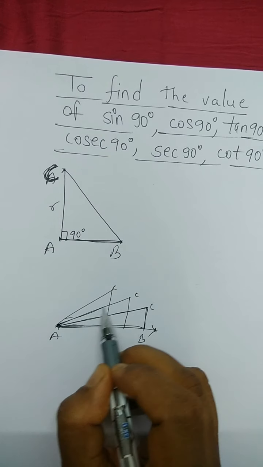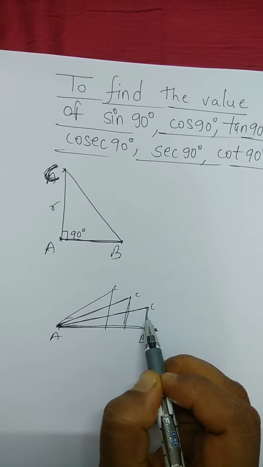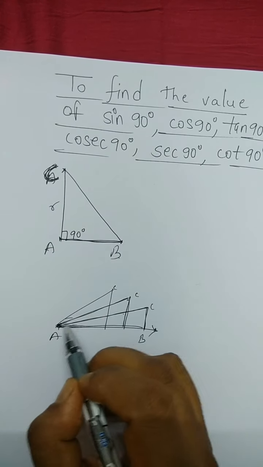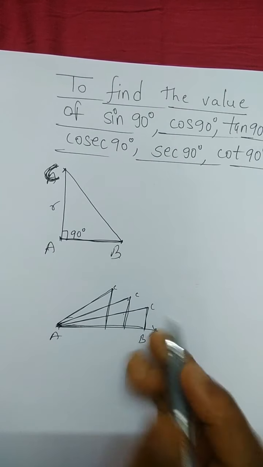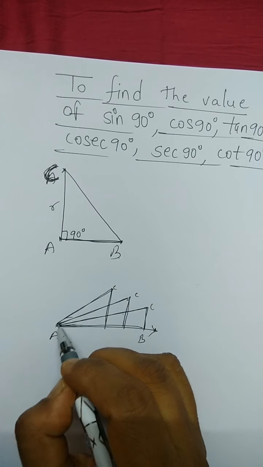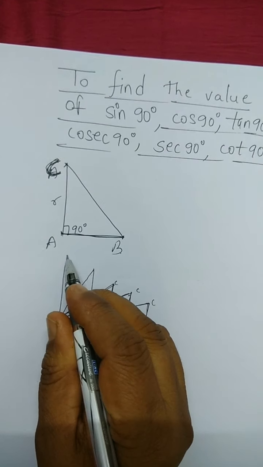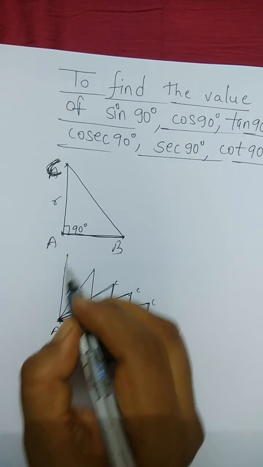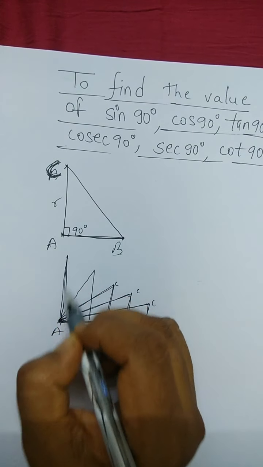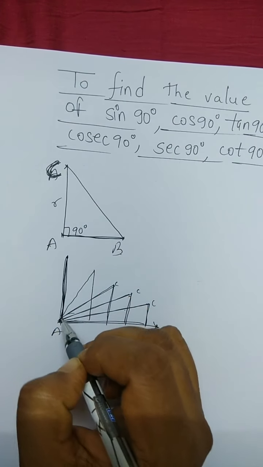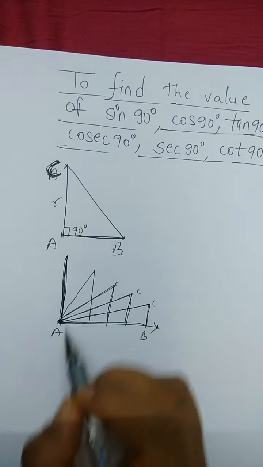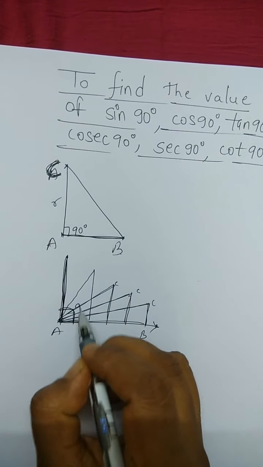Then when the angle becomes bigger, this side will shift to here. Again the angle is becoming bigger and bigger and the side is shifting, and one time will come when both the sides will be coincident like this. Then this will become 90.